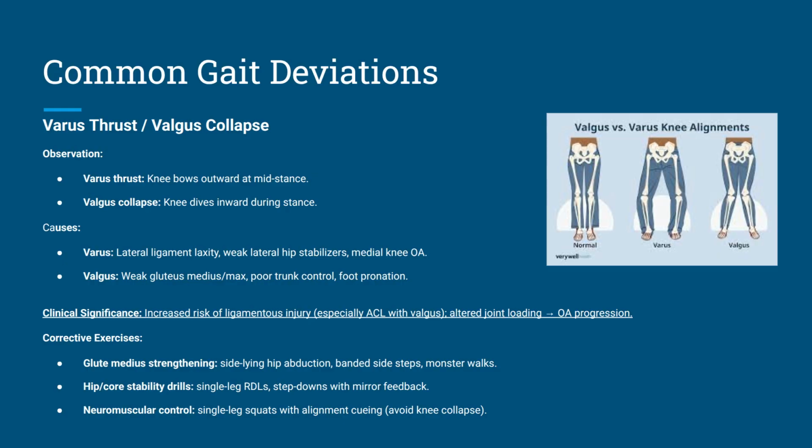What you observe: in varus thrust, knee bows outward during mid-stance. In valgus collapse, the knee falls inward dynamically. It's often subtle, and usually doing video analysis to get it into slow motion will help.